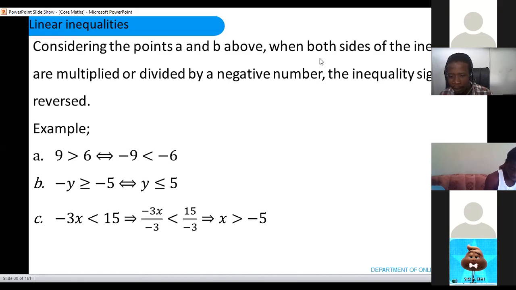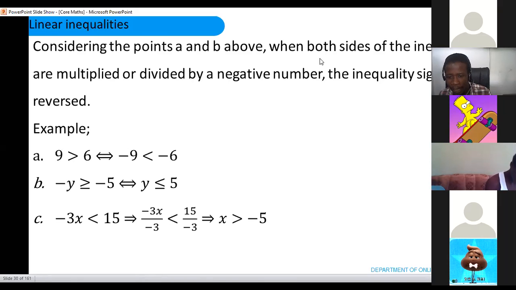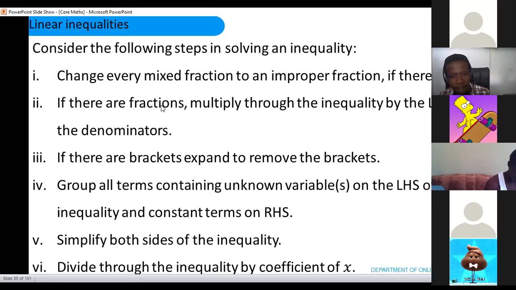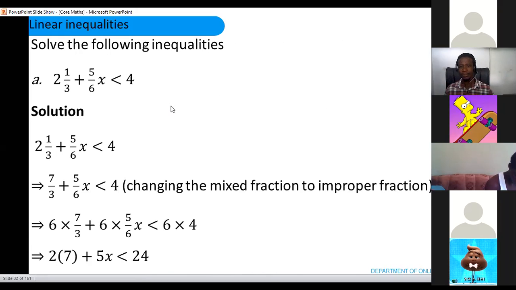Sir, find the LCM, so we divide it by the LCM. Okay, good. So we need to divide through by the LCM. Sorry, we multiply through by the LCM, not divide through. And our LCM is 6.